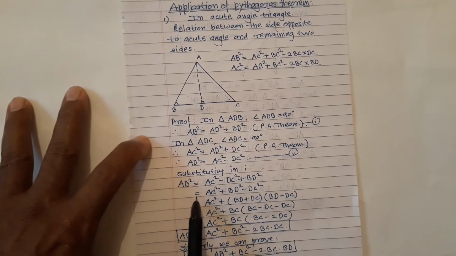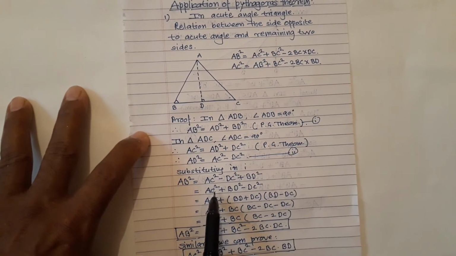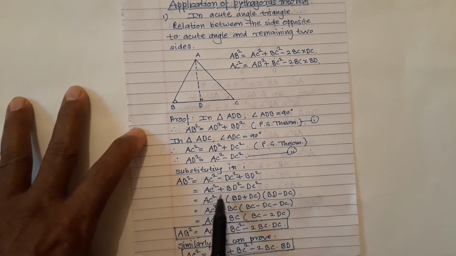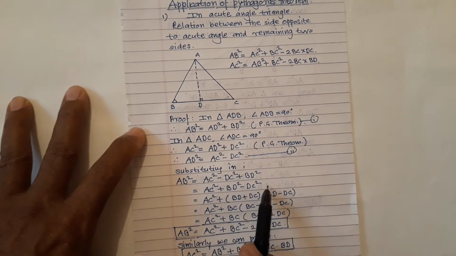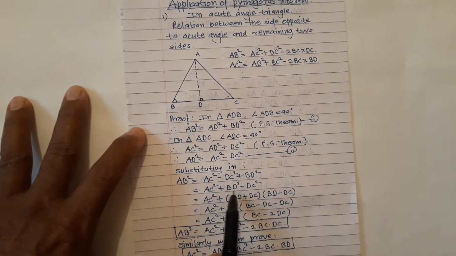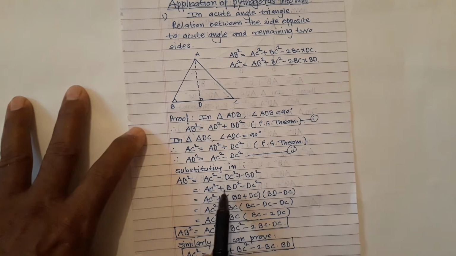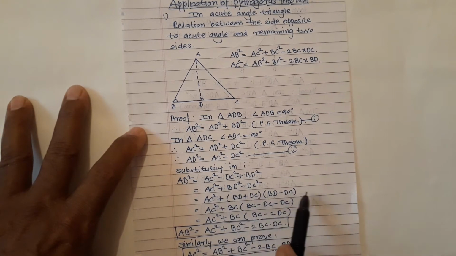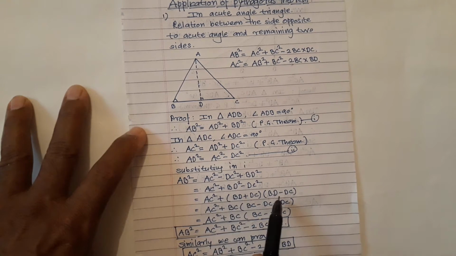So therefore AB square is equal to AC square plus this DB you write down first, and then minus DC square. Now you know this is the square of two terms, and subtraction is there, and therefore you write down into bracket addition and subtraction.